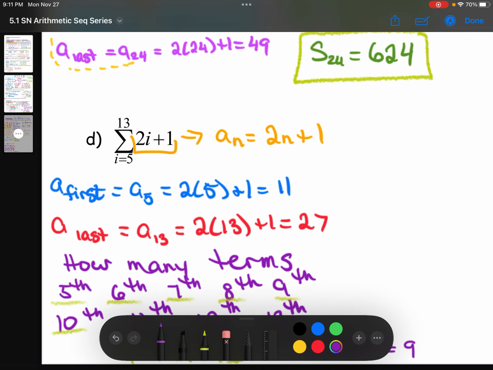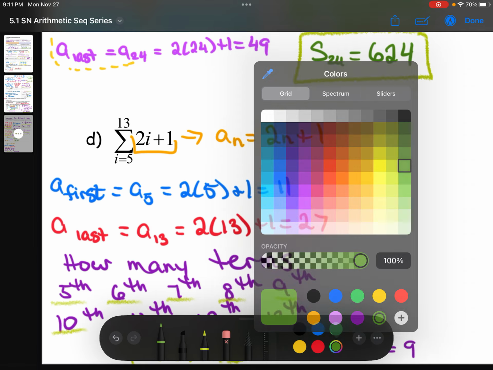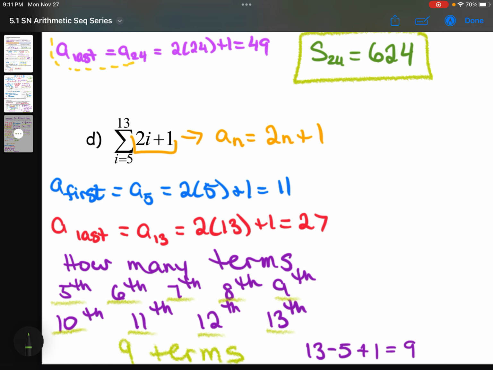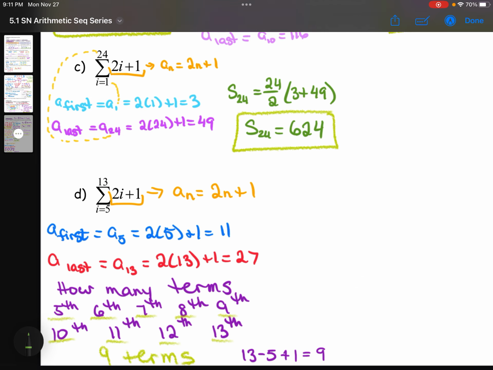Okay? So, to find the sum of those 9 terms, that sigma, it's not the sum of the first 9 terms. So we don't want to use that capital S notation. That sum would be 9 over 2 times 11 plus 27.